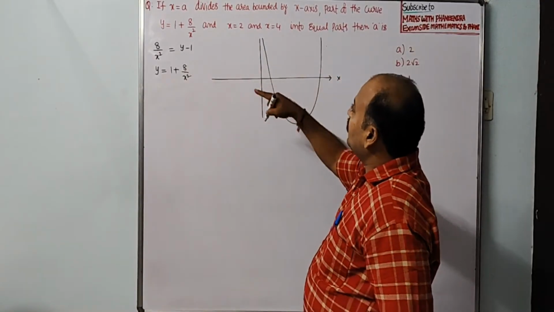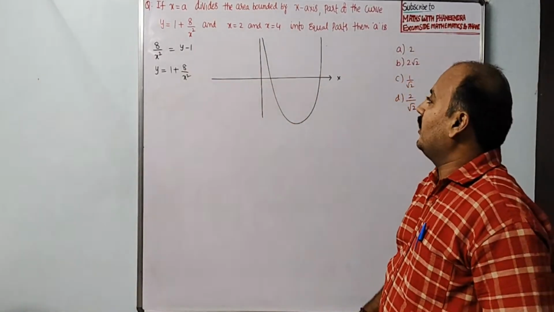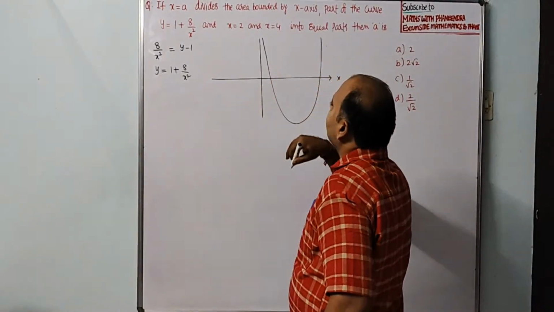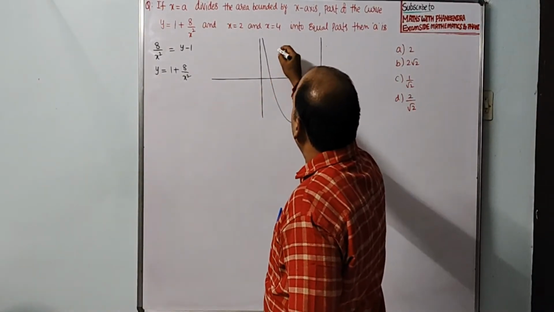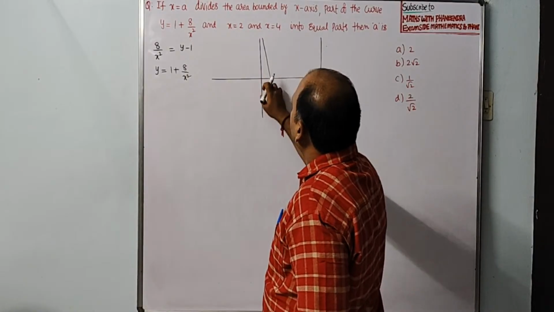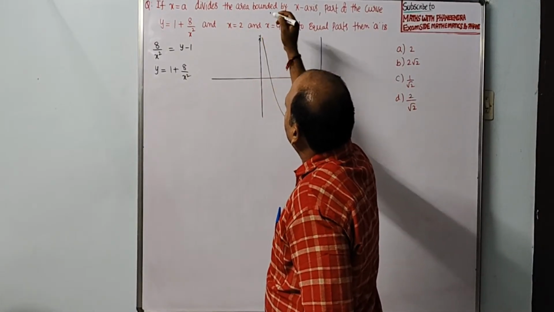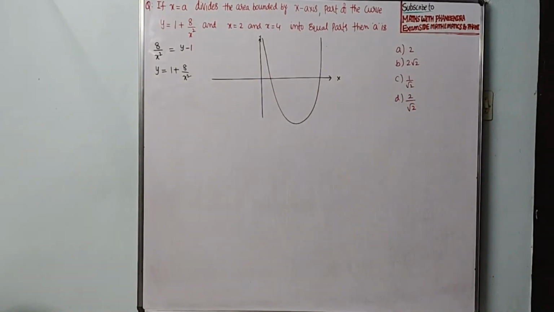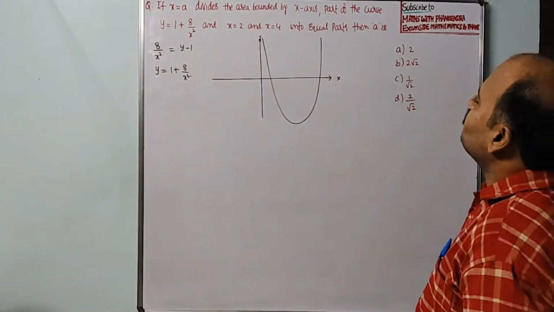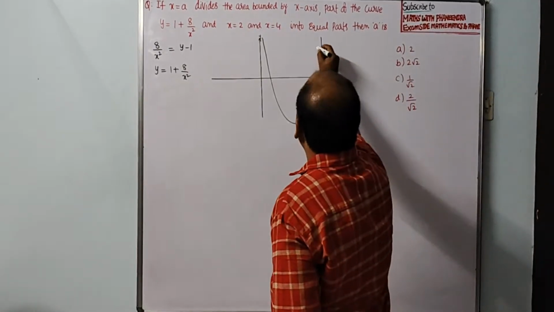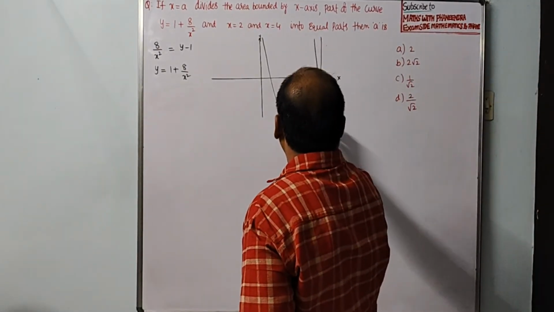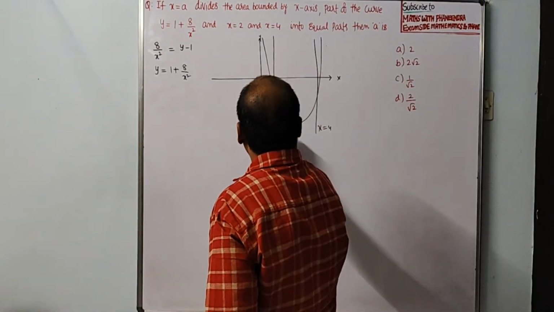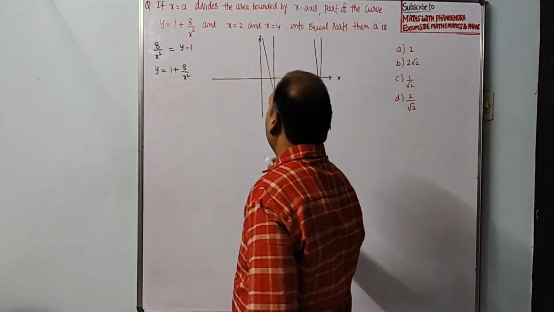X is equal to 2 line, x is equal to 4 line. So this is x is equal to 2, you take it, dear students. So x is equal to 2 line. Exact figure it is. X is equal to 4 line like this. X is equal to 4 line. X is equal to 2 line.